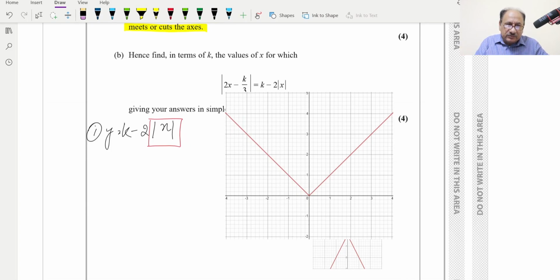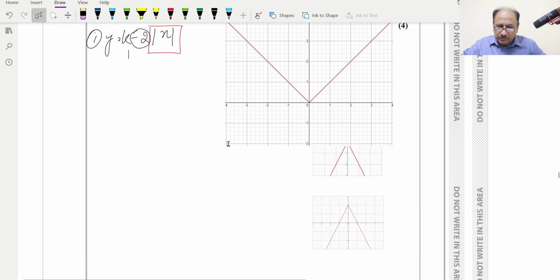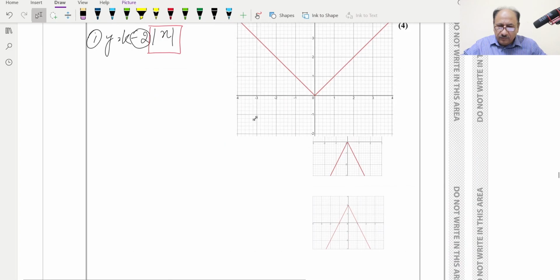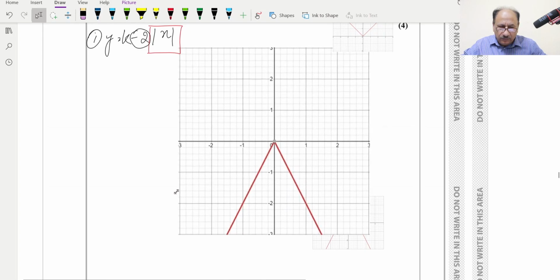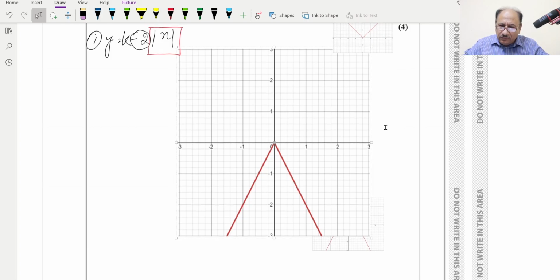The next thing is the -2. With -2, the original graph will be inverted.